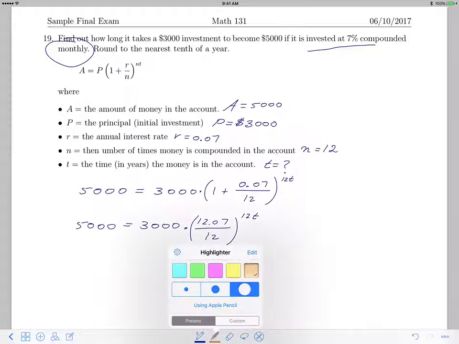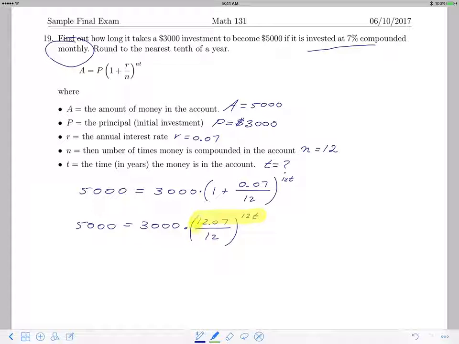So to isolate the exponential, this is the exponential part, we're going to divide both sides by 3,000. We would get 5 over 3 equals (1 plus 0.07 over 12), all to the power of 12t.